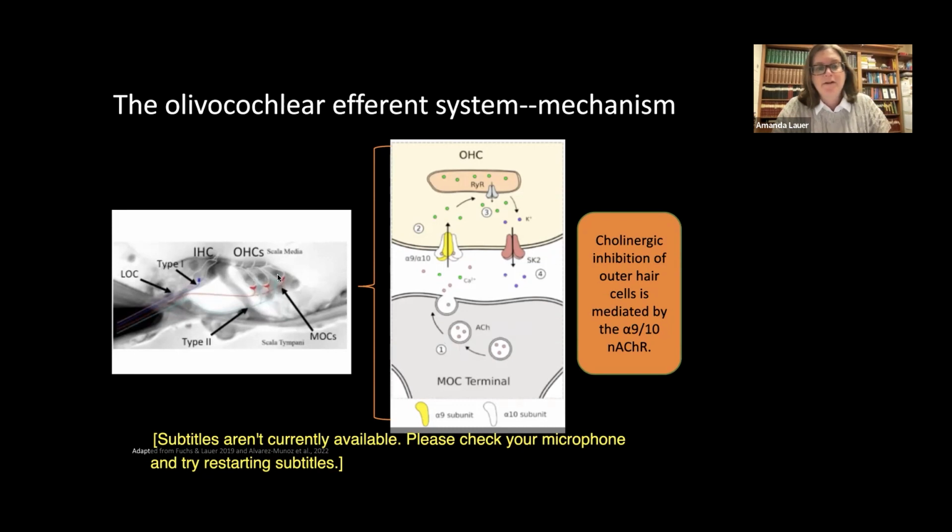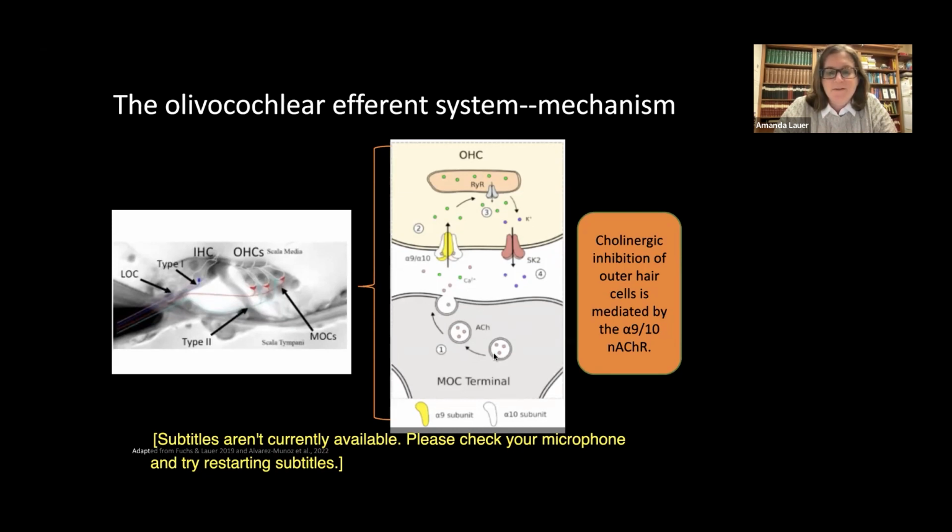So these medial efferent synaptic mechanisms are quite well characterized. This synapse provides inhibition to the outer hair cells via a cholinergic receptor called the alpha-9, alpha-10 nicotinic acetylcholine receptor. And this is just made up of these two alpha-9 and alpha-10 subunits.